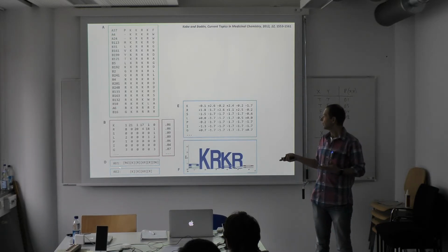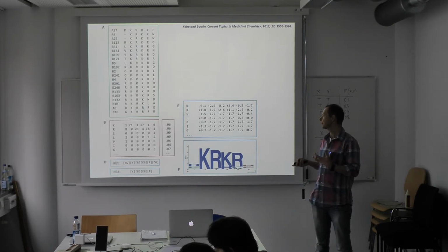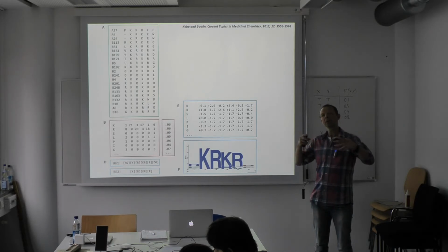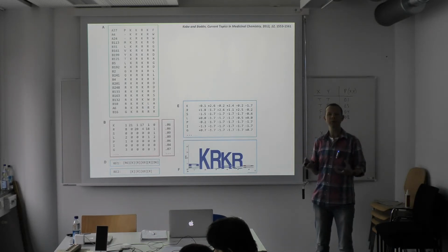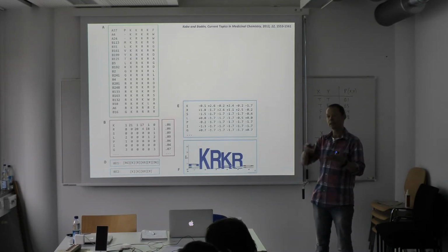So regular expressions are largely seen as a more coarse description for a sequence motif, because they will only give you either a positive outcome or a negative outcome. Whereas the types of scoring systems that we'll devise now will be gradual.